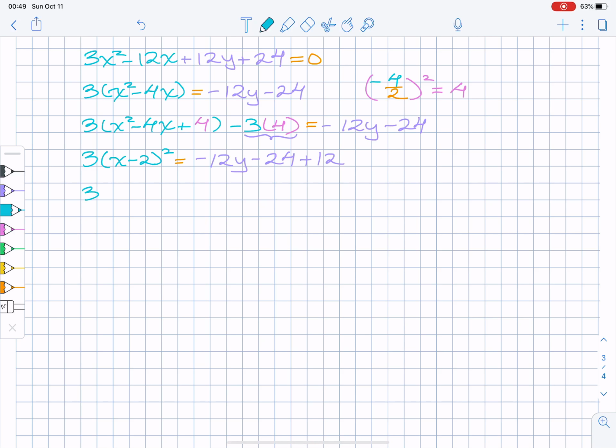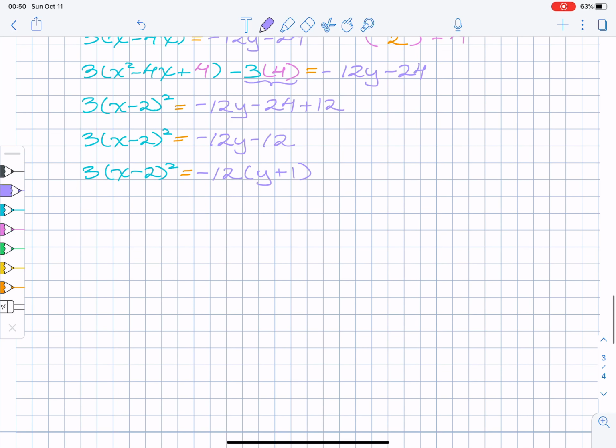So we have 3 times the quantity x minus 2 squared is equal to negative 12y minus 12. Now I can finally factor 12 from the two terms on the right, namely negative 12. What remains will be y plus 1.